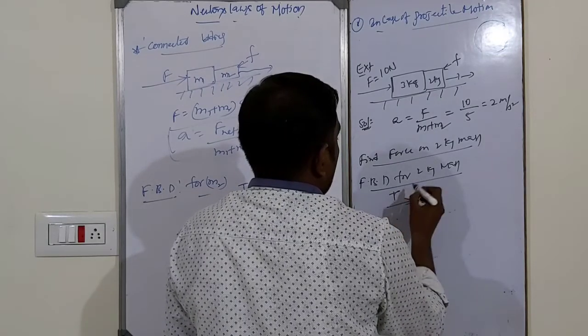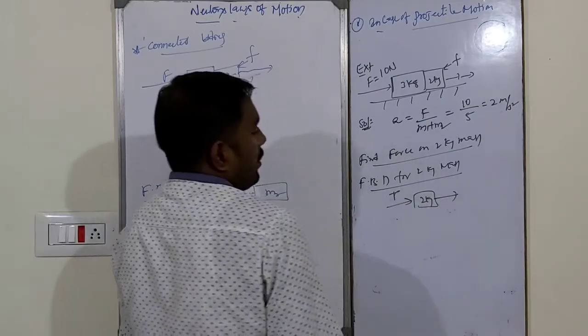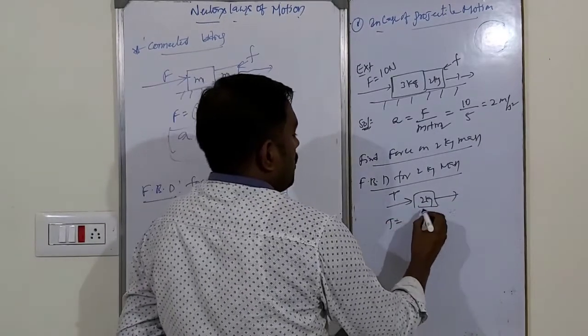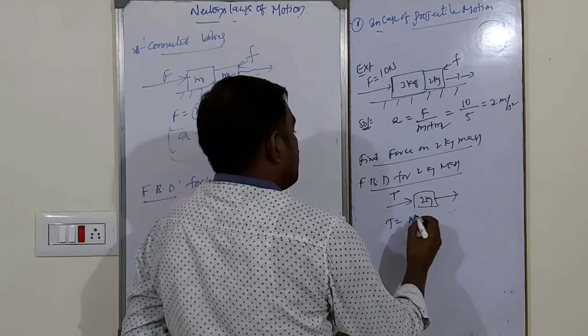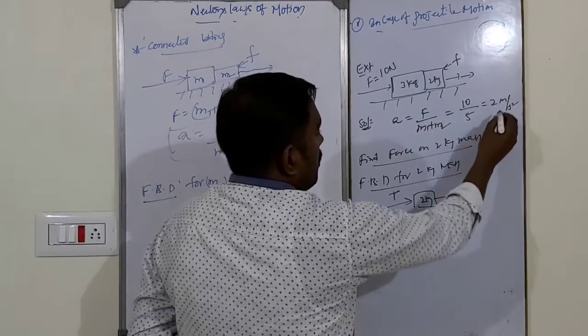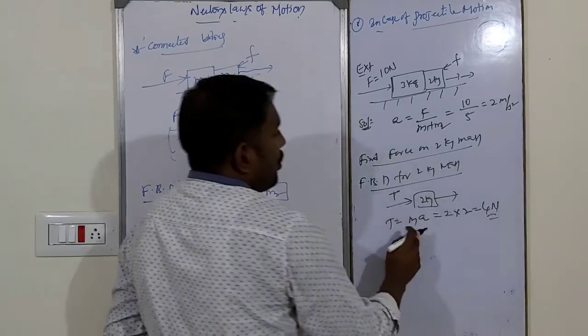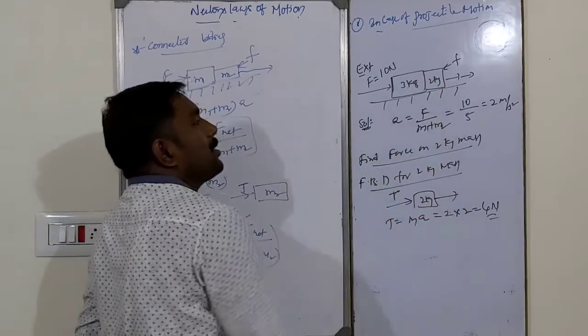This is the tension applied on the 2 kg mass body like this. So the tension is equal to what? M into A. M is 2, A is 2. That is equal to 4 Newton. So 4 Newton force will be acting on the 2 kg.